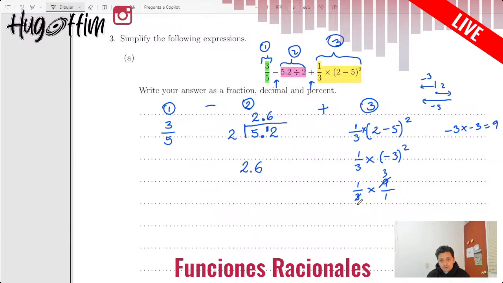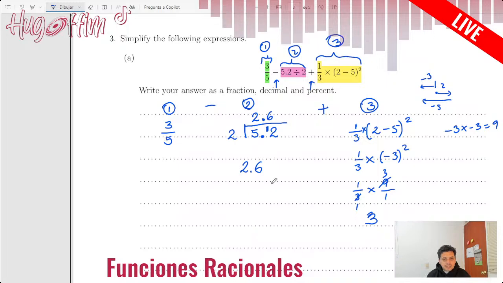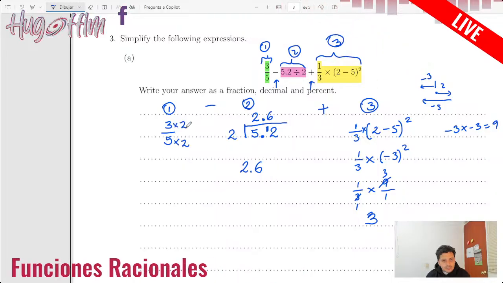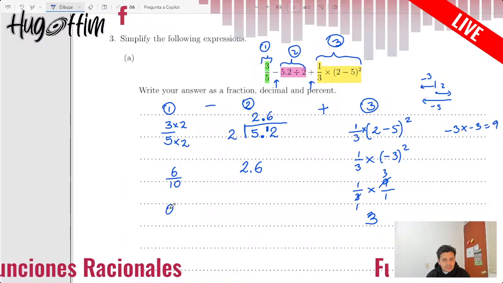So to sum up, as you can see, here is a decimal, here is a fraction, here is a whole. So I need to put them in the same representation. Let's put it in decimal. So to put this one in decimal, I just need to multiply by 2. 6 over 10 is just 0.6.